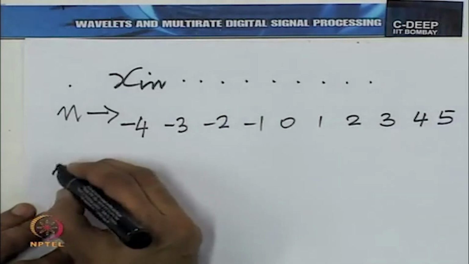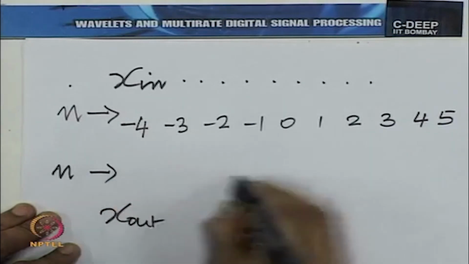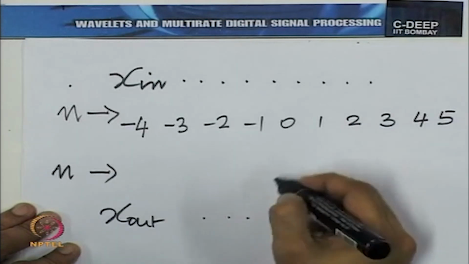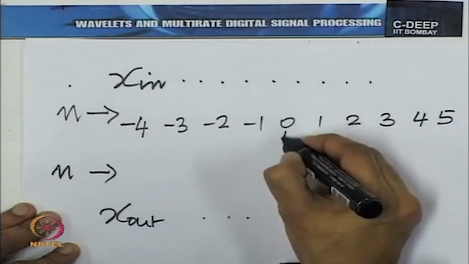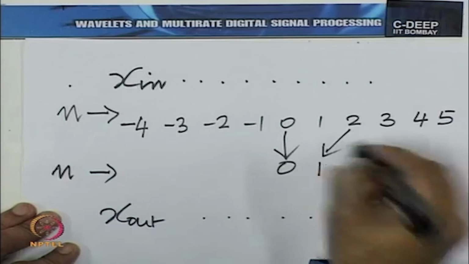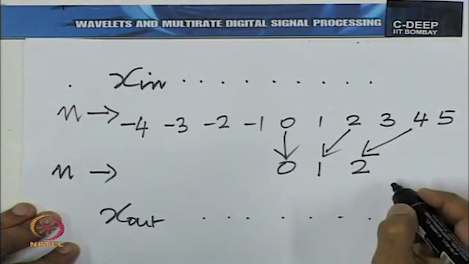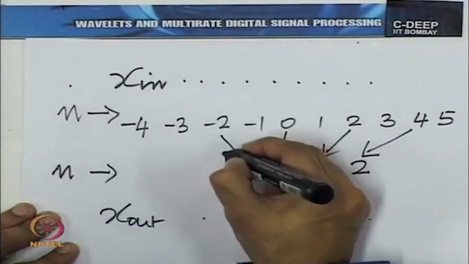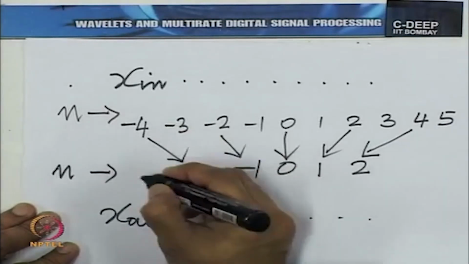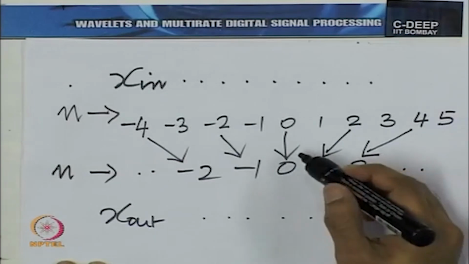So, as far as x out goes, you have the index for x out. As far as x out goes, 0 comes from 0, 1 here comes from 2, 2 here comes from 4, minus 1 comes from minus 2, minus 2 comes from minus 4 and so on. So, in other words, what are you doing?